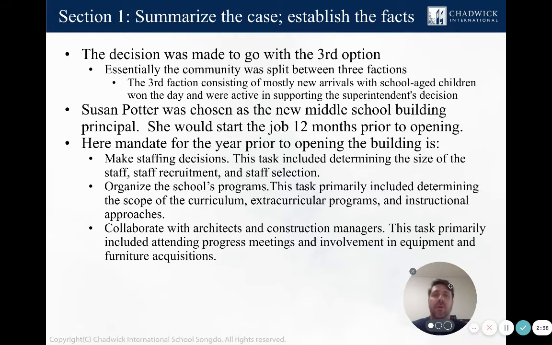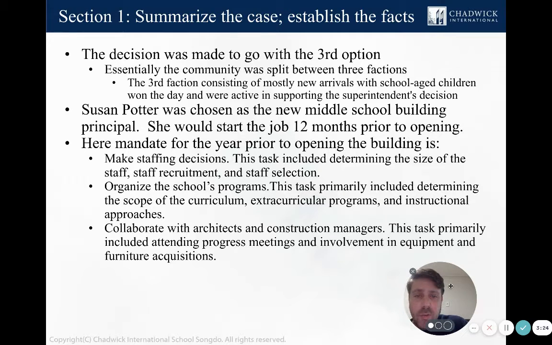Her mandate for the year prior to opening the building is one, to make staffing decisions. This task included determining the size of the staff, recruitment, and staff selection. From the reading, it basically said that this would probably be the easiest of all three of the large jobs that she'd need to do.